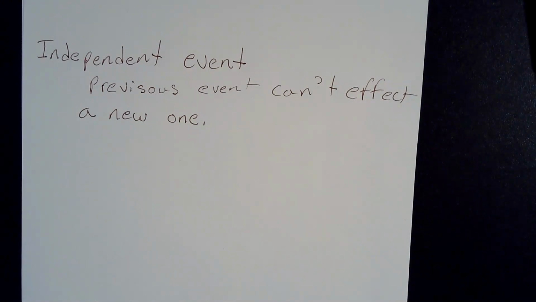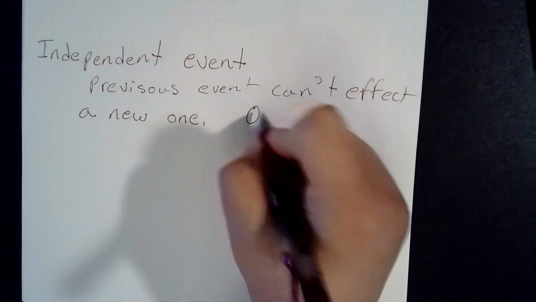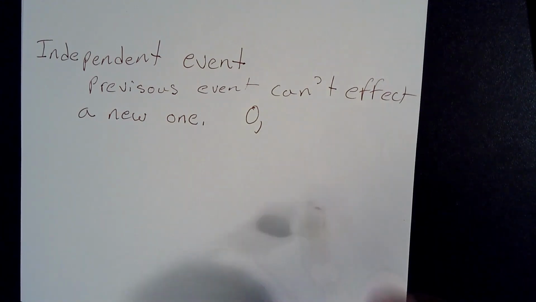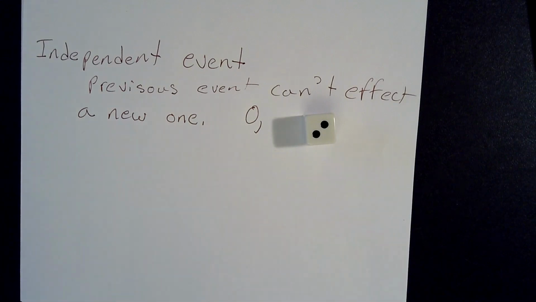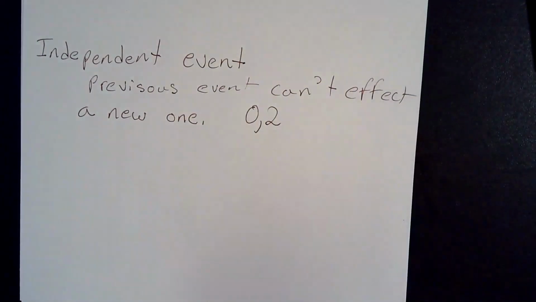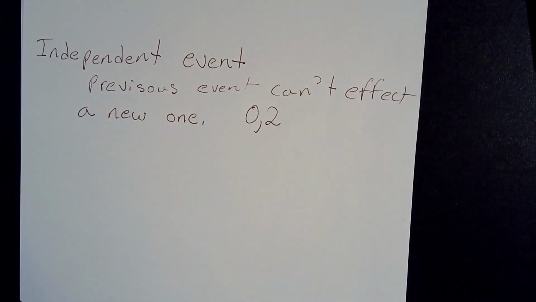So it's like rolling a dice, okay? So for that first roll, I got a 0, right? Now, can that 0 affect my next roll? Let's see if it does. Well, I got a 2 this time, okay? So it does not affect my next roll, which means it's an independent event.